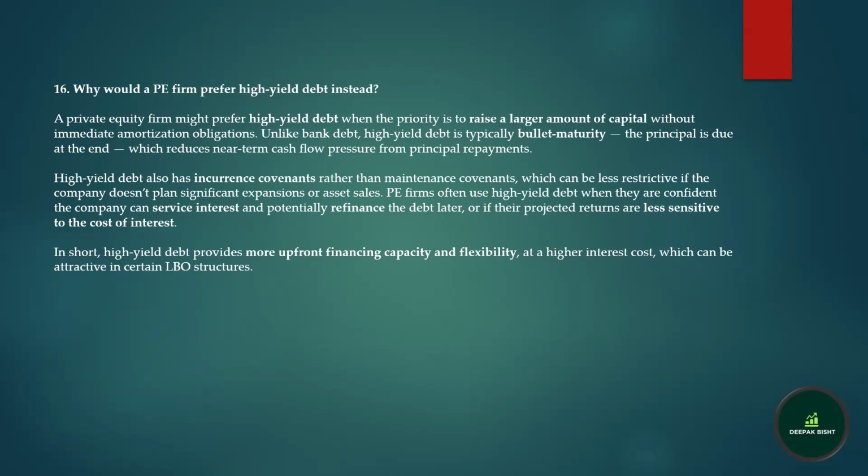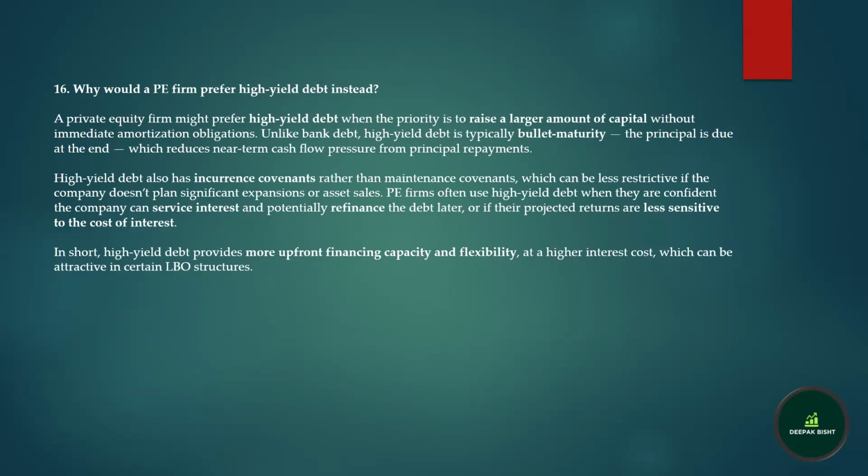And also, giving a preference to high yield debt gives higher leverage potential. So, high yield debt can be an attractive option if the private equity firm wants to max out leverage by increasing equity returns, particularly if they don't mind the higher interest rates associated with it.